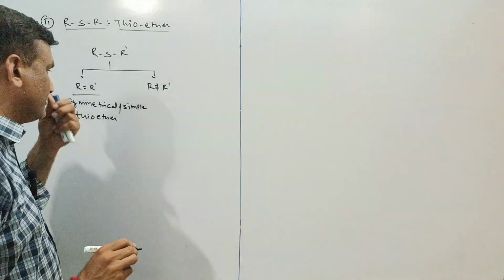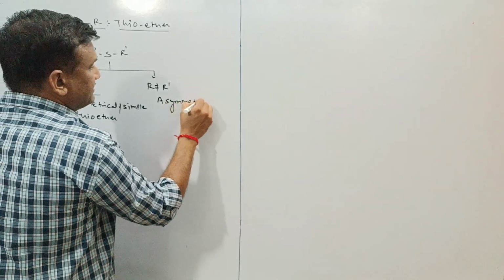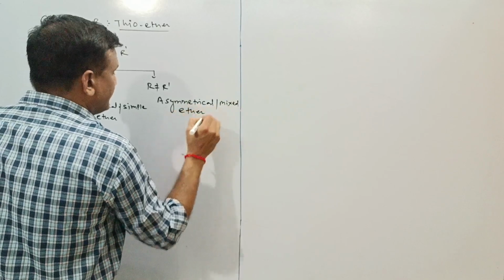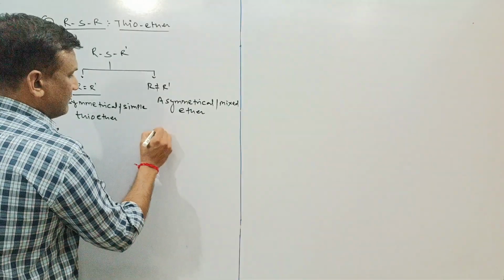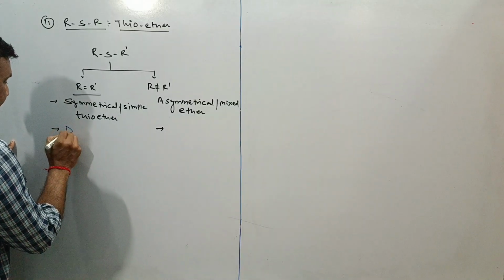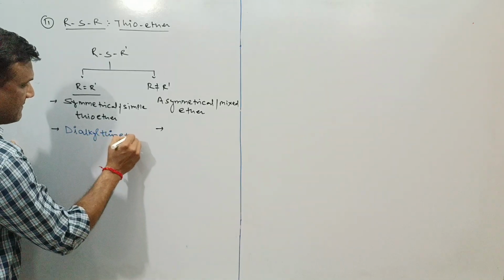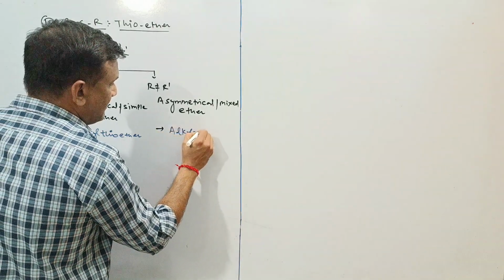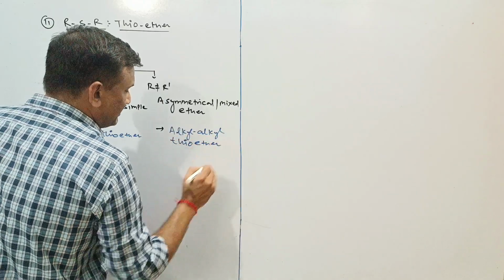because the sulfur group is called the thia group according to nomenclature. This is called asymmetrical, or you can say mixed ether also. For the symmetrical ether, the name is dialkyl thioether, and these are named alphabetically, alkyl alkyl thioether.